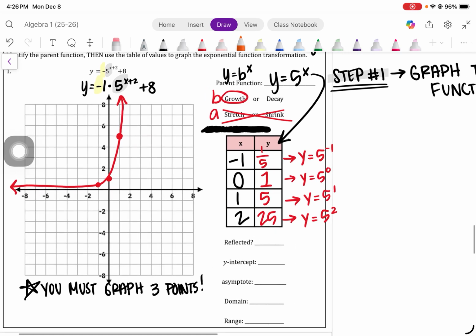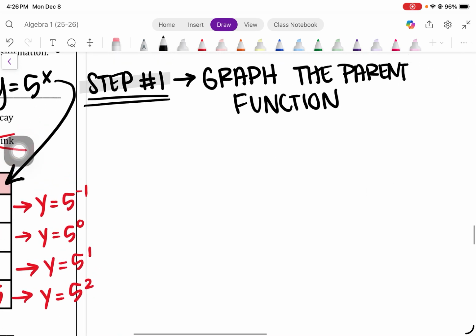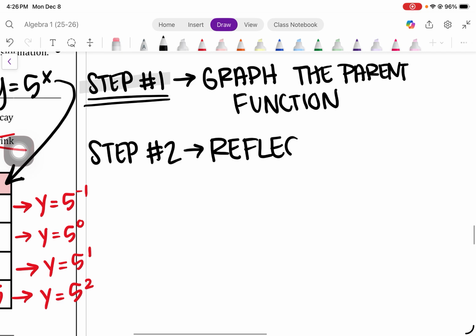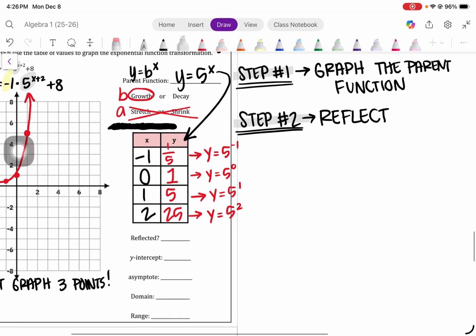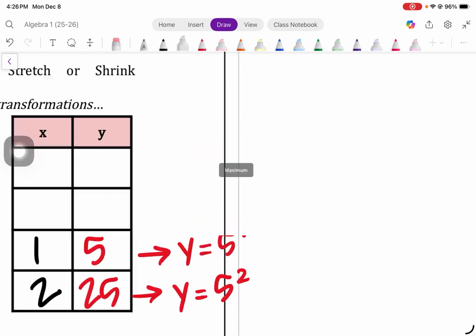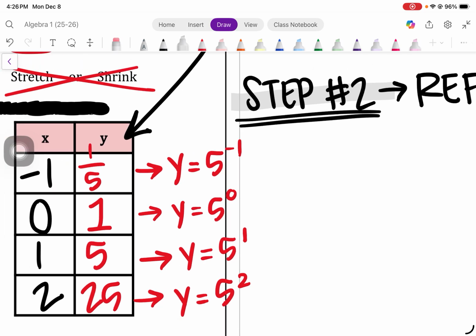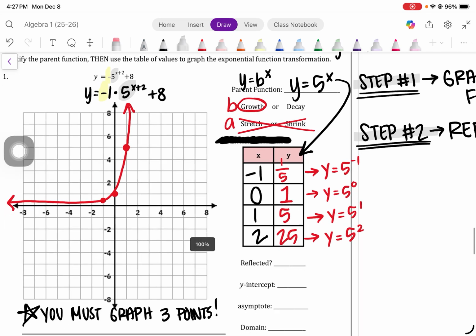And the next most important piece, which is step number 2, is to reflect. Just like when we are solving our table of values and we're doing our exponents, you have to flip first, then do the 5 to the 1. Okay, we don't try to do 5 to the -1 first. We flip our whole number into the fraction and then solve the exponent.